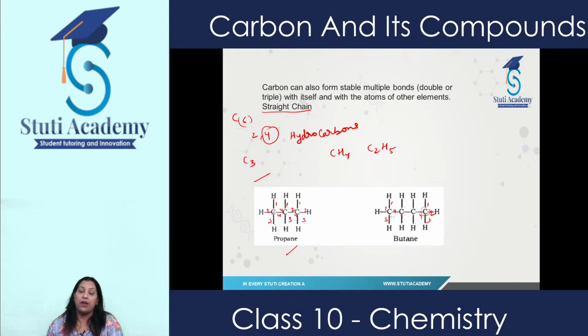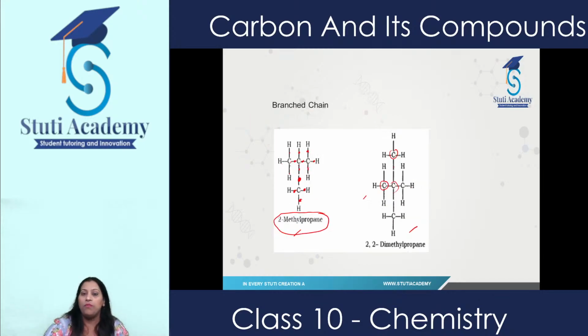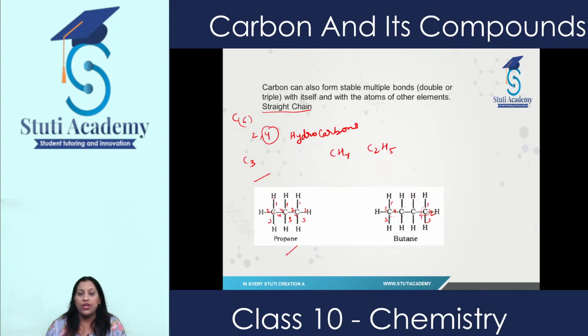The answer is it can form double, single or triple bonds, and it can form straight chain structures, ring structures or branched structures. A question can come for 1 mark: give an example of any branched chain structure. You can give any example, although more examples exist. Or for 1 mark: give an example of a straight chain carbon compound. Then you have to draw the structure and write the name.